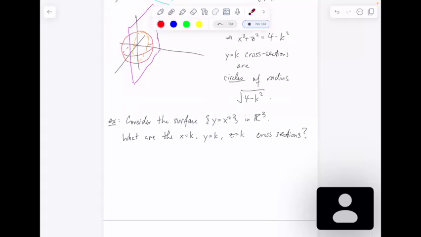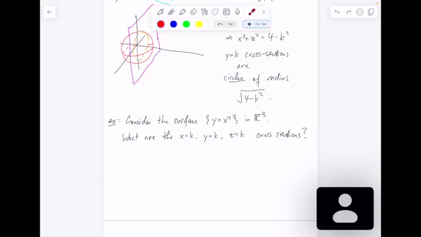And when there is an elimination of one variable, when one variable completely does not appear, these are sometimes called cylinders. They're not cylinders in the traditional sense of a circular cylinder, but in a sense, they're formed by the translation of this curve. Y is equal to x squared is a parabola in the xy plane.